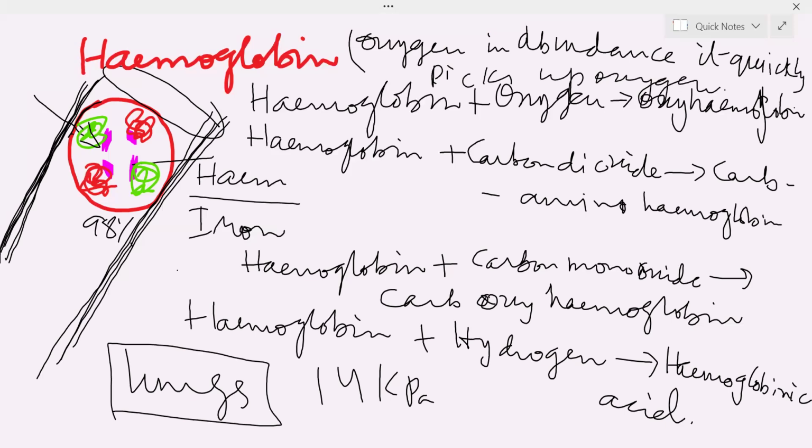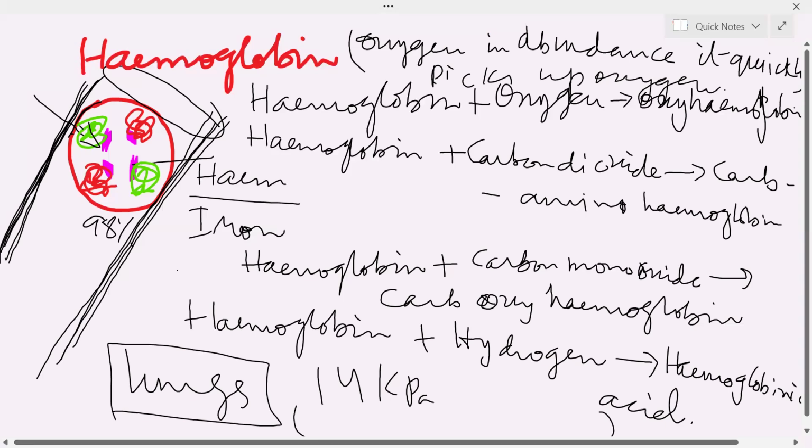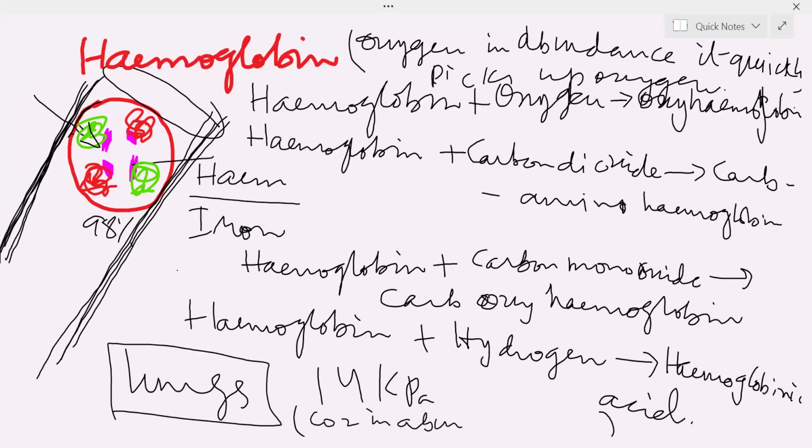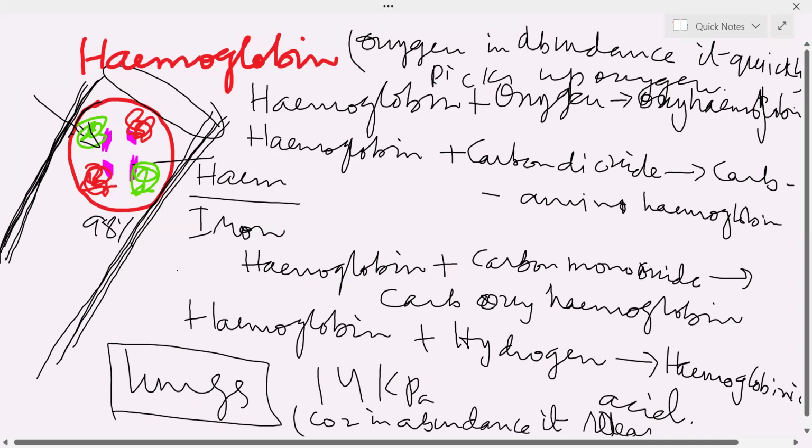But when it finds carbon dioxide in abundance, anywhere in the tissues, it releases oxygen. This is the unique quality of hemoglobin.